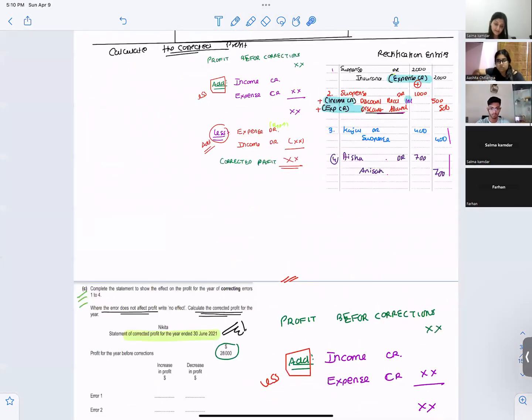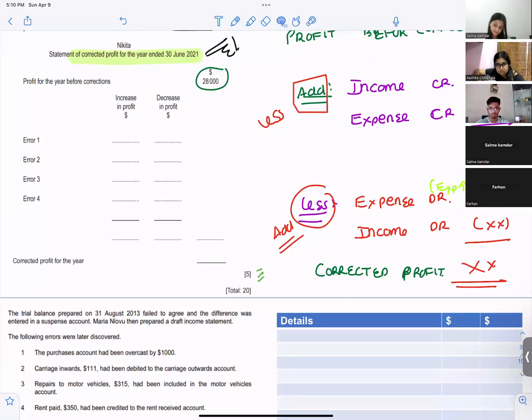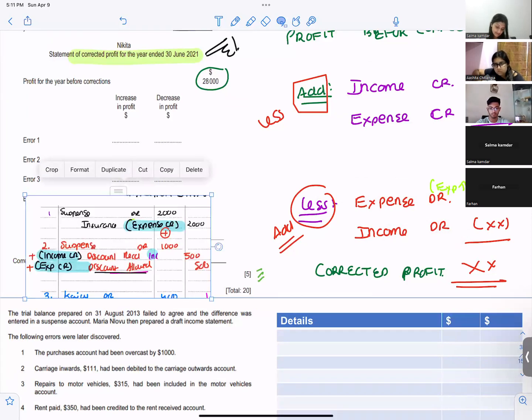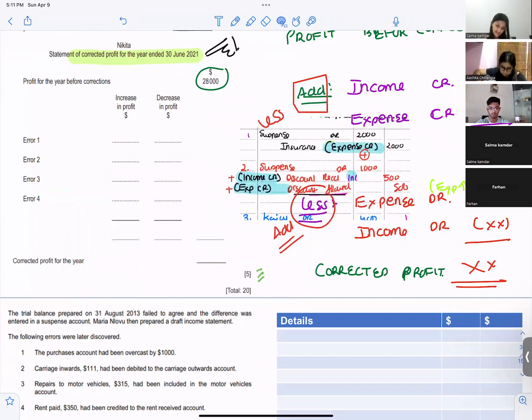Now see over here, I will just crop this part and I will come over here. Error 1, expenses credit, 2000. Can you see this?